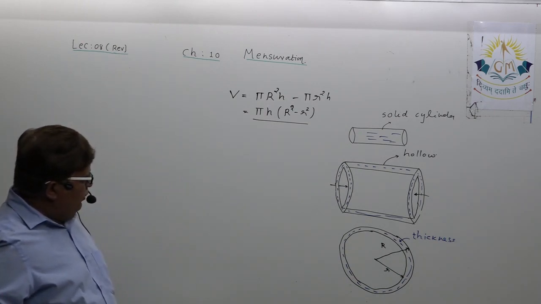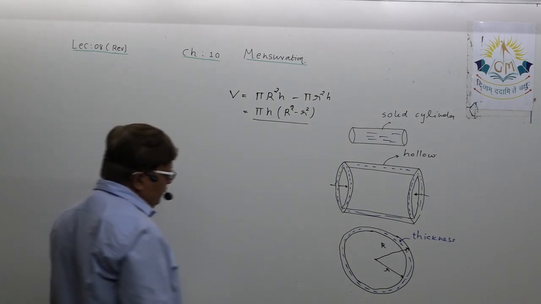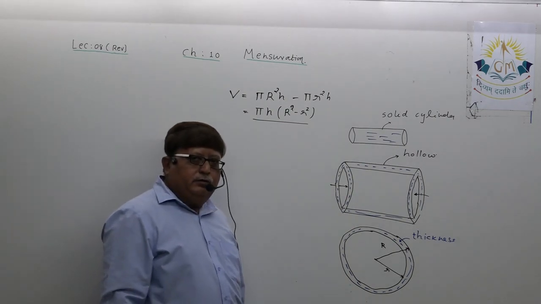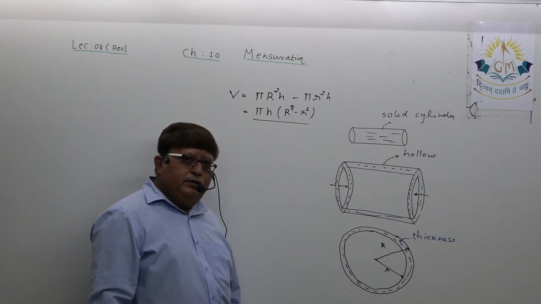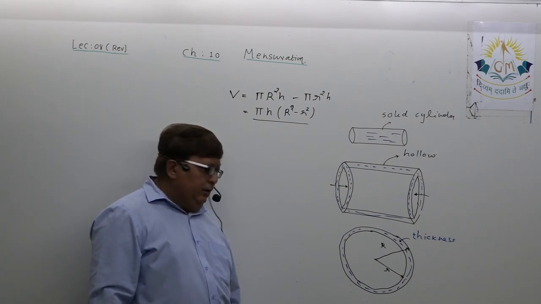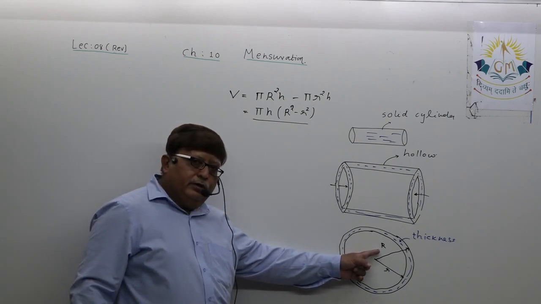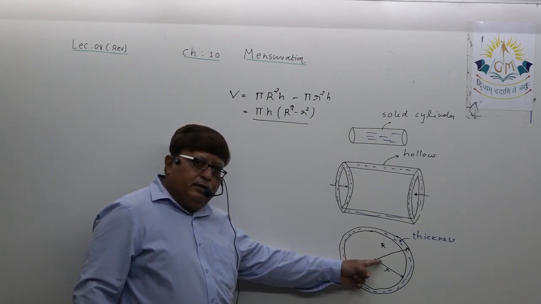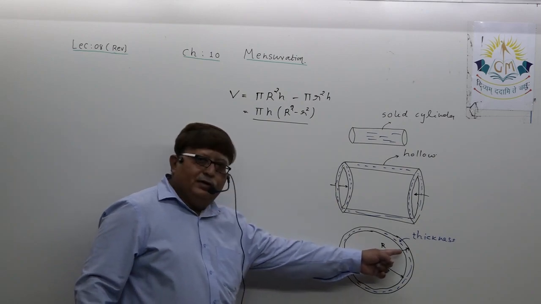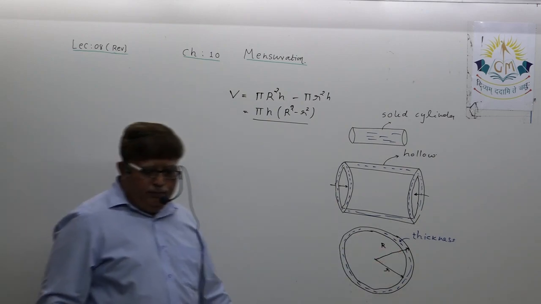Capital R shows the external radius, small r shows the internal radius. Even so, you can understand, if you subtract capital R and small r, you will get the thickness of the pipe.